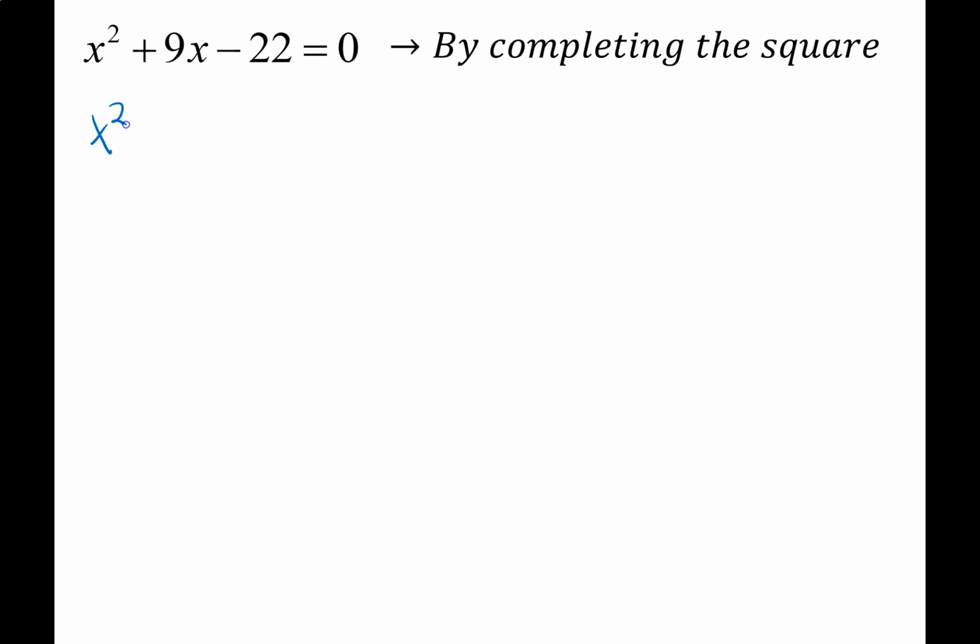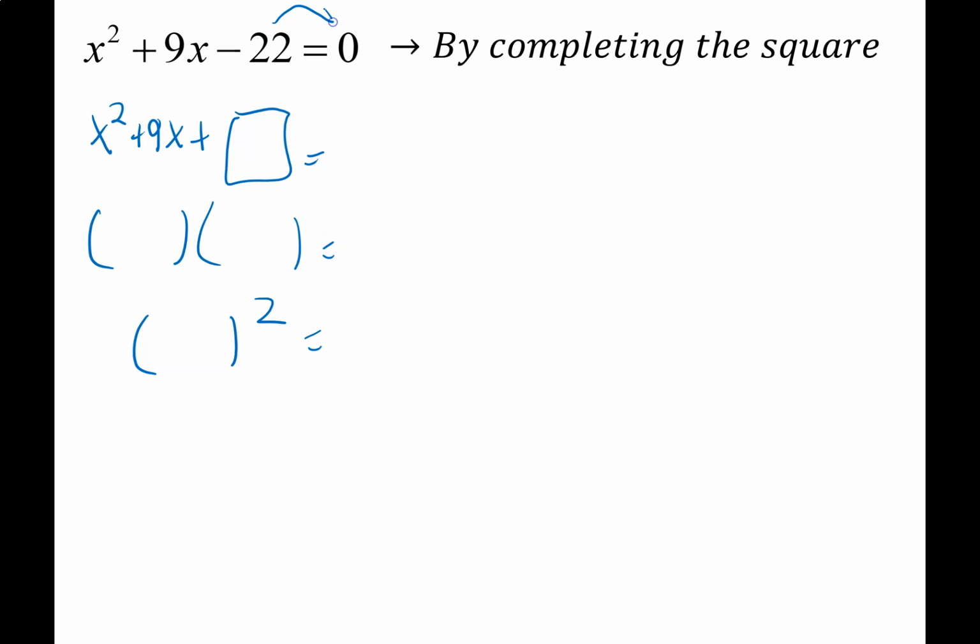Again, completing the square, I want the x's all by themselves. And I'm going to have to add something to that side so that it factors as a something squared. And then when I bring the 22 over by doing plus 22 and plus 22, I'm going to have to add that something. So let's find the something.